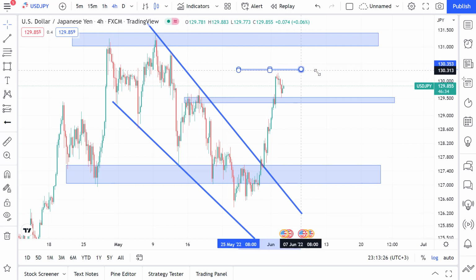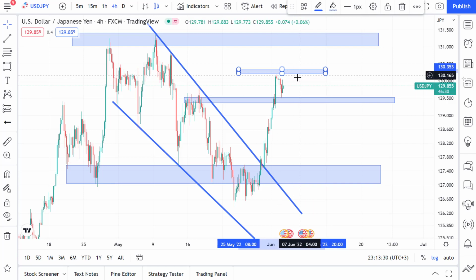So I have drawn this part for you, and this part can act as a resistance right now. If we want to have a bullish trend, we should have the breakout of this zone, pullback, and the rest. If it's not so, we can see this zone again as the next target of USDJPY.